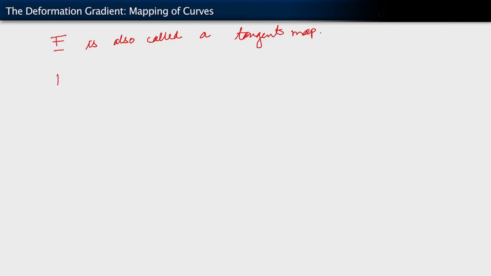Note, because we write F as F_iI, e_i tensor E_I, it is called a two-point tensor.